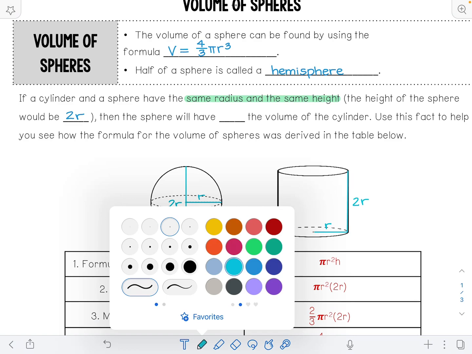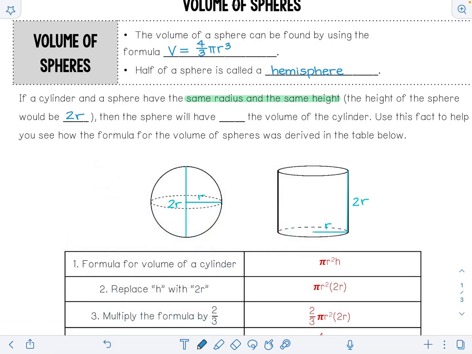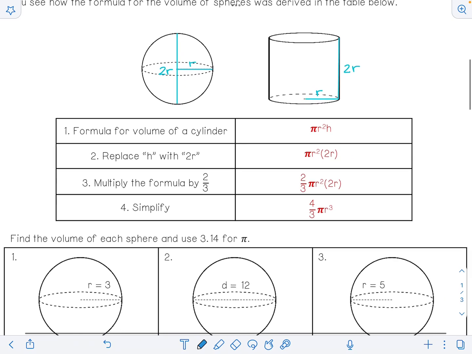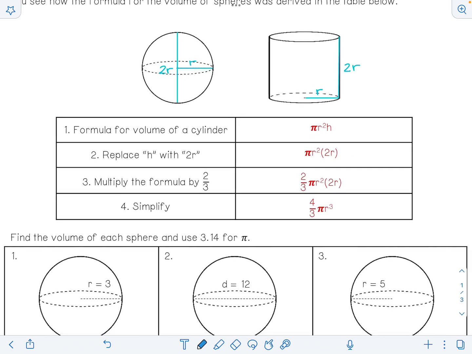So if this is the case, then the sphere will actually have 2/3 the volume of the cylinder. So if they have that same height and the same radius, the sphere will be 2/3 the volume of the cylinder. So what you can look for here is in the table, we have our formula for volume of a cylinder, pi r squared h. Because our height, we are making it 2r, we would replace the h with a 2r.